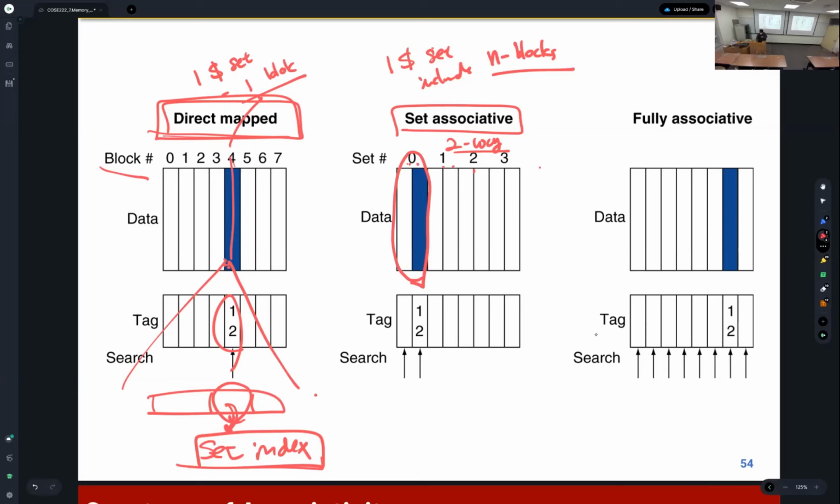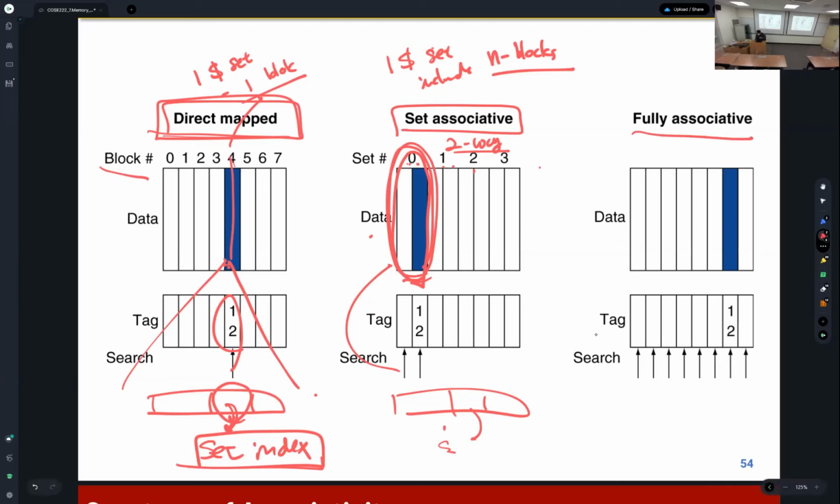So set number 0 includes two blocks. Data that shares the same set index is mapped to this set, but this set can include two cache blocks. This is the two-way.